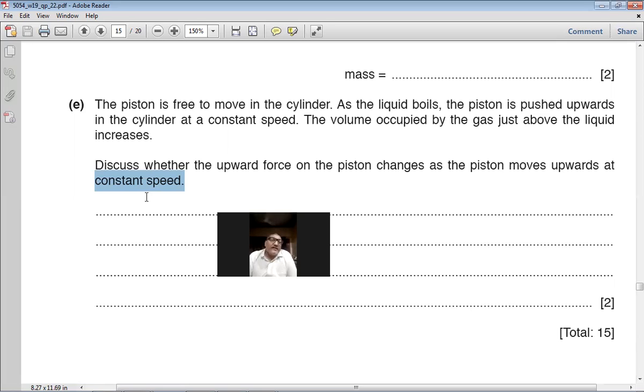How are you getting the resultant force? The weight and the atmospheric pressure are acting downward, and the gas pressure inside the cylinder is applying force in the upward direction. This means that the upward force and the downward force are equal to each other. That's why the resultant force is 0, and that's why the piston is moving with a constant speed.